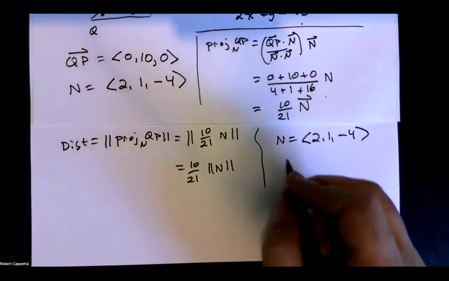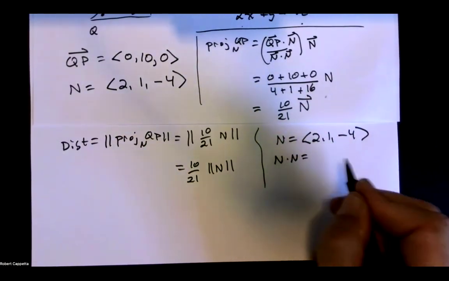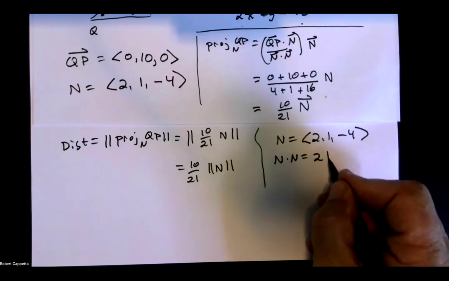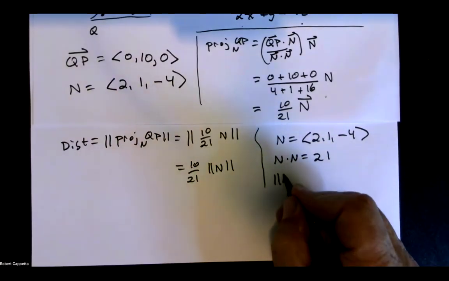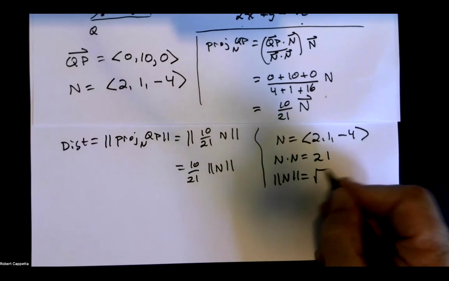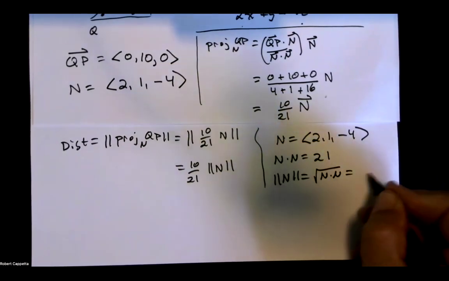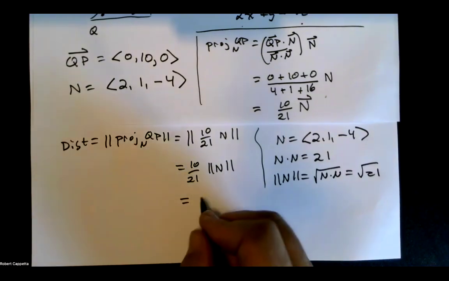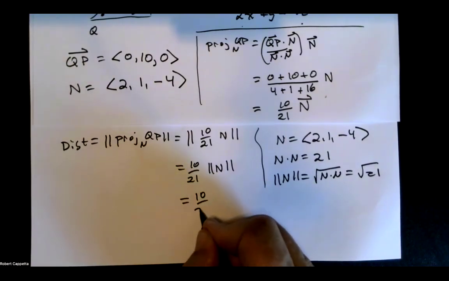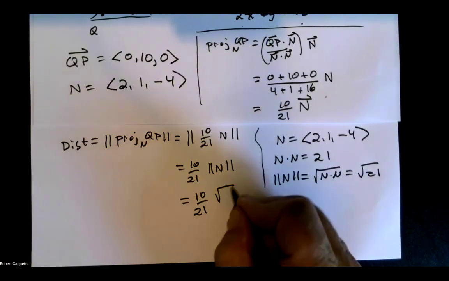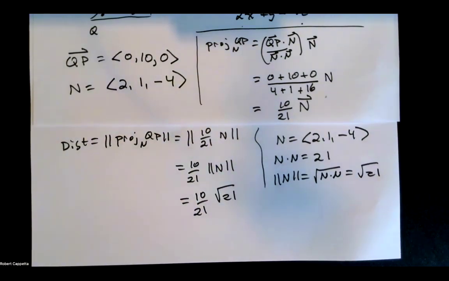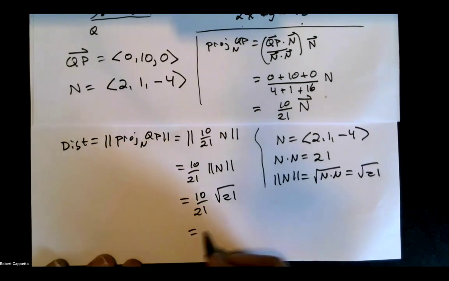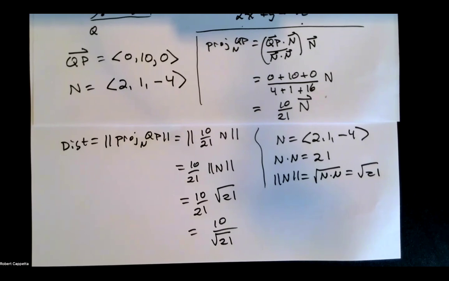What did we say n dot n was? We said n dot n was 21. So the magnitude of n is the square root of n dot n, which is the square root of 21. So we get our distance between those two parallel planes is 10 over 21 times root 21. And if you want to, you can rationalize the numerator and say that's the same thing as 10 over root 21 would be the distance between those two parallel planes.